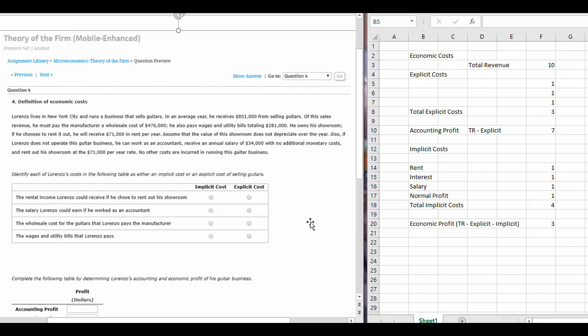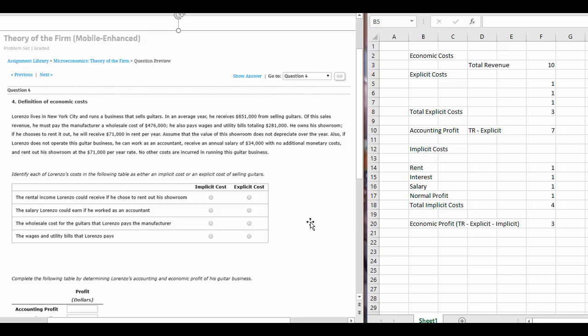He owns his showroom, and if he chooses to rent it out, he will receive $71,000 in rent. Assume that the value of this showroom does not depreciate over the year. Also, if Lorenzo does not operate his guitar business, he can work as an accountant, receive an annual salary of $34,000 with no additional monetary cost, and rent out his showroom at the rate of $71,000 per year. No other costs are incurred in running his guitar business.